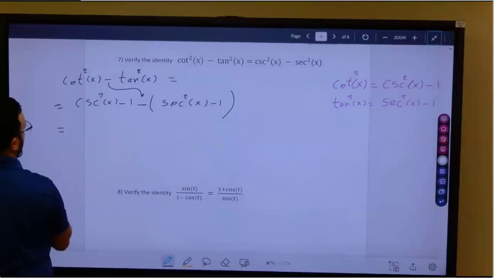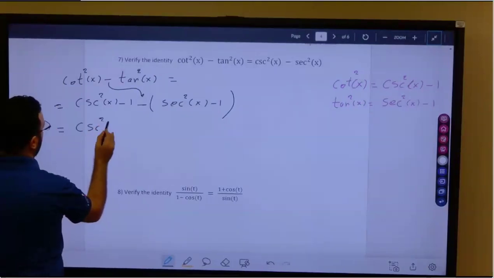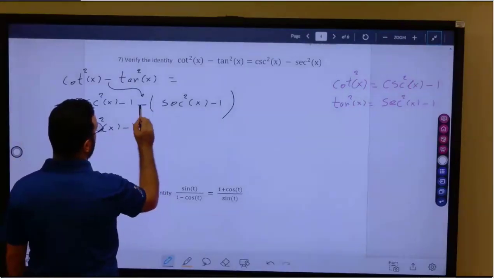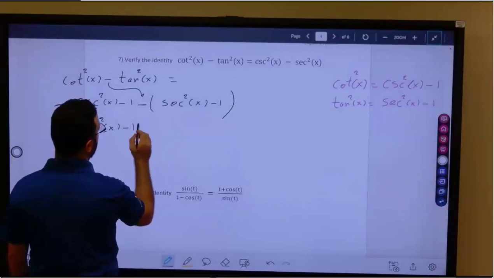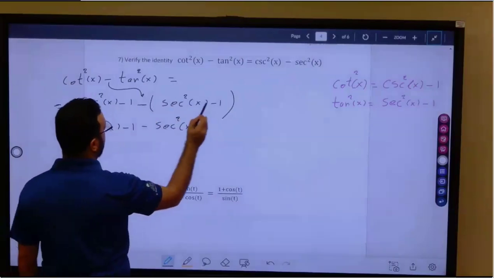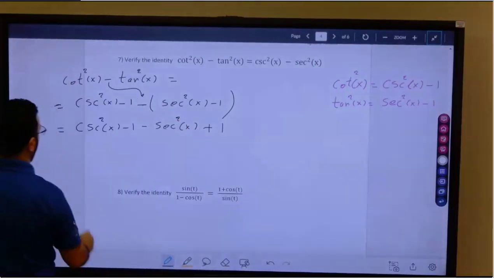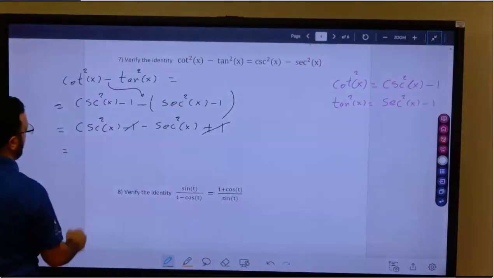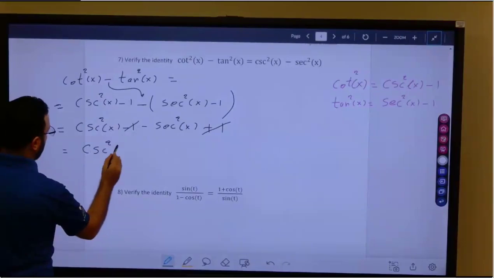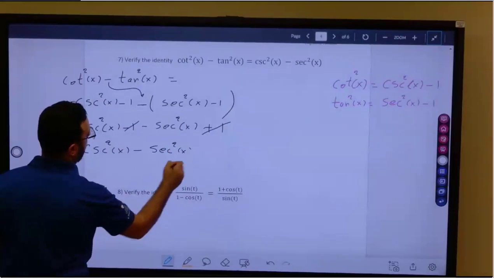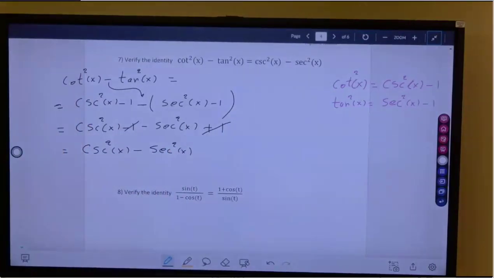So cosecant squared x minus 1, negative times distribute: negative times secant squared x is negative secant squared x, negative times negative 1 is plus 1. Negative 1 plus 1 is 0. The left side is cosecant squared x minus secant squared x. That's it. We can do the same thing with the next problem.